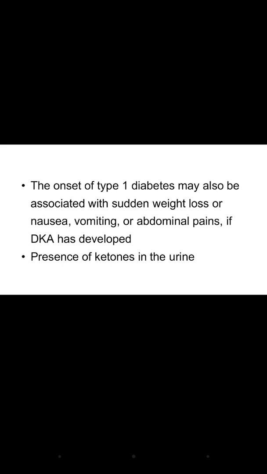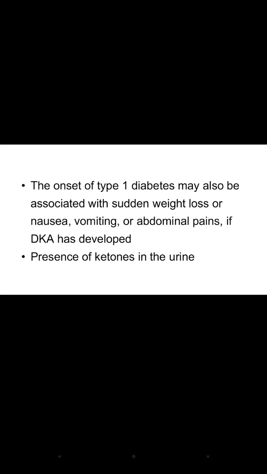So what is diabetic ketoacidosis? I already told you about gluconeogenesis, in which non-carbohydrate substances like fat or amino acids are broken down, forming glucose and ketone bodies. This is called diabetic ketoacidosis. Why acidosis? Because these ketone bodies are acids.